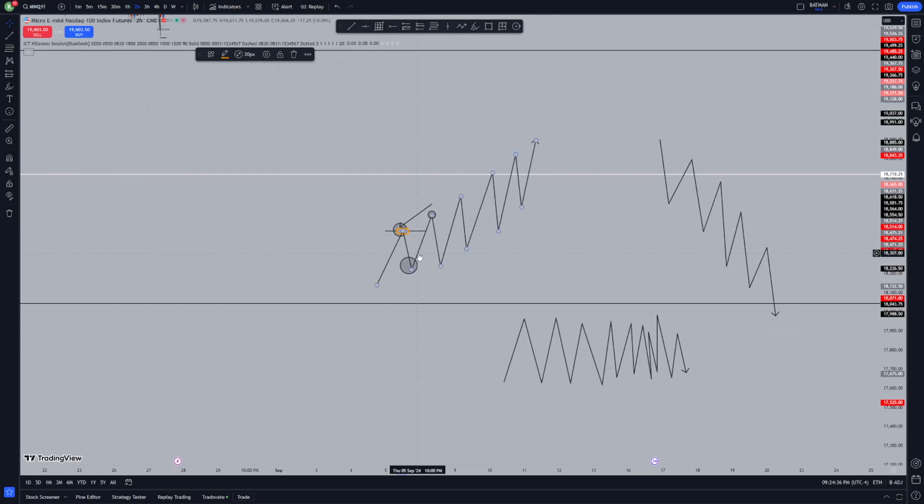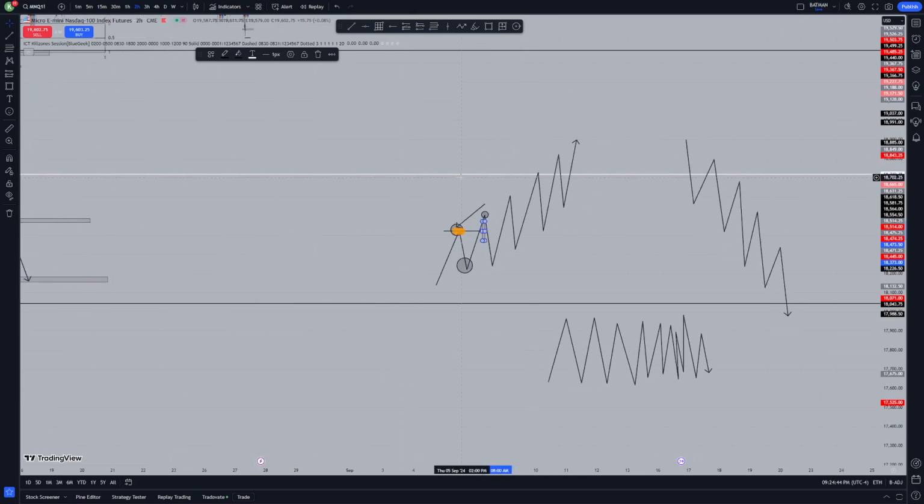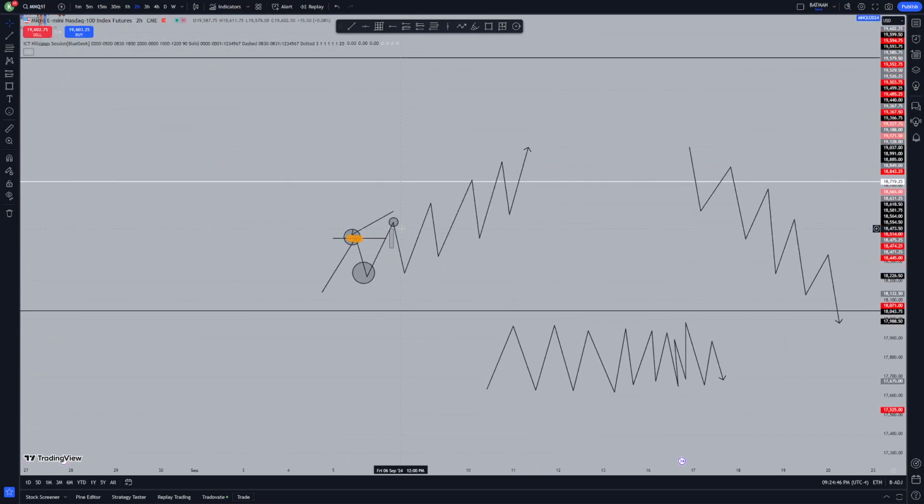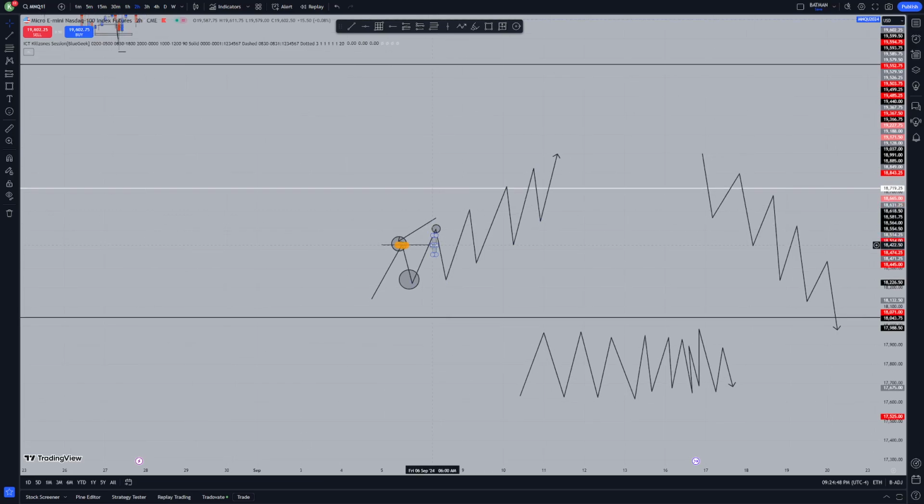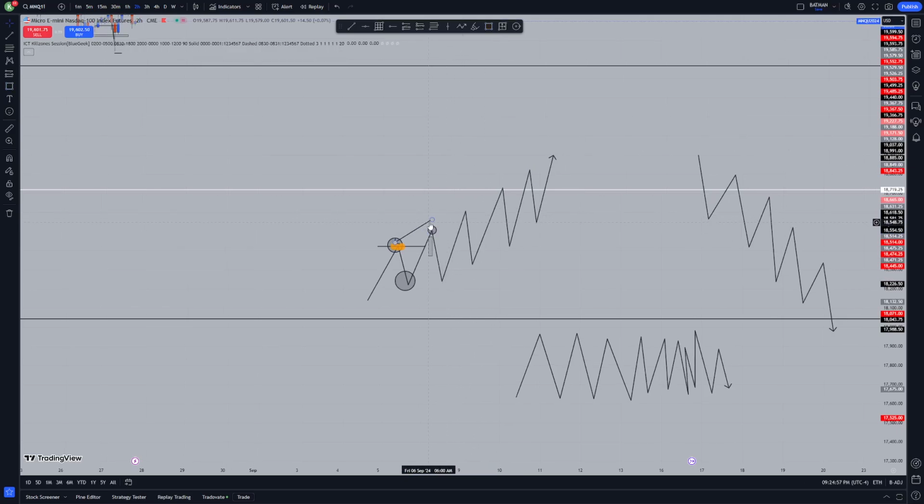Because the price leaves a body above this higher high, and it just keeps making a higher high. If it keeps breaking a higher high, that means we are bullish. So if we keep breaking structure to the upside, we are bullish.